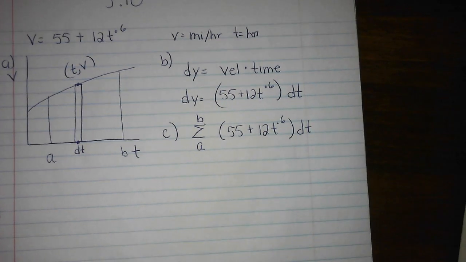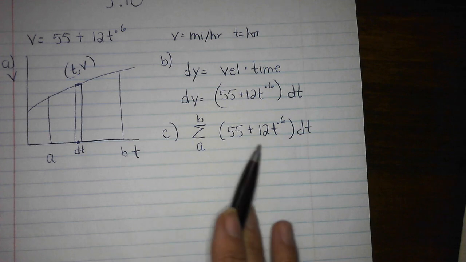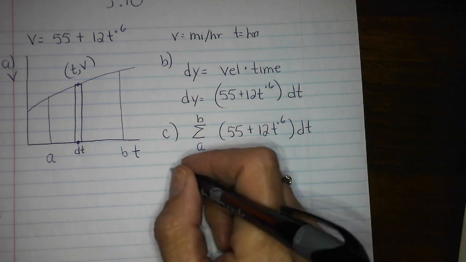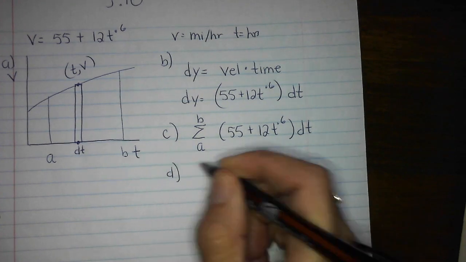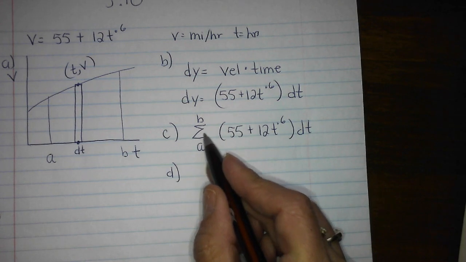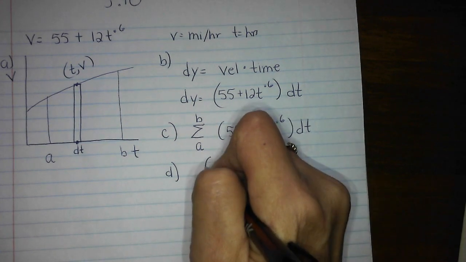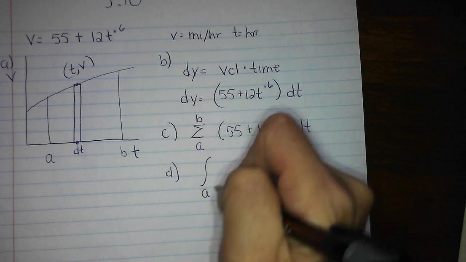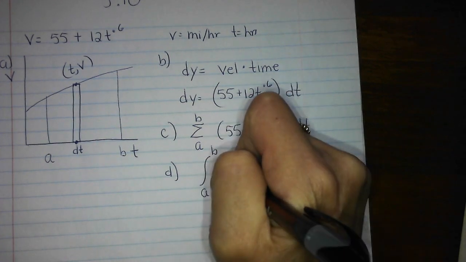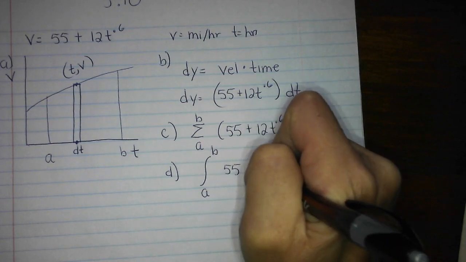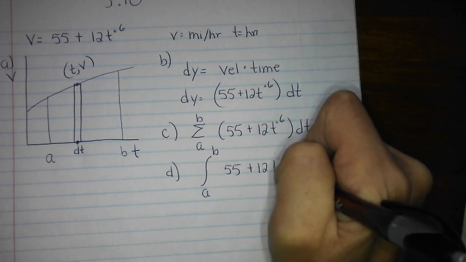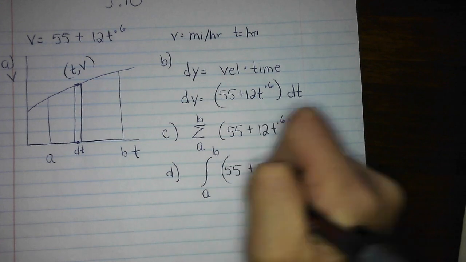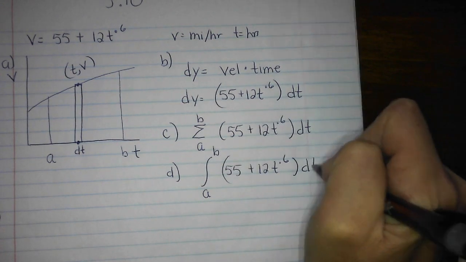Now D says write an expression for the exact displacement you go by adding up all of those areas. Well, the exact is just switching the summation of the rectangles for an integral from A to B of 55 plus 12t to the 0.6 dt.